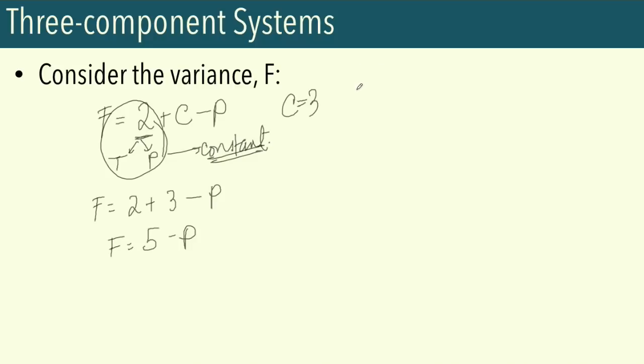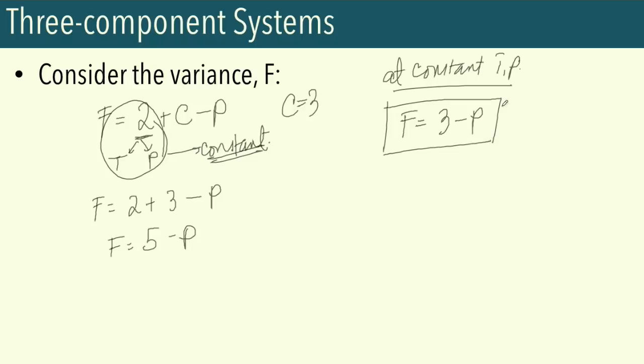What we'll investigate is the effect of composition. So at constant temperature and pressure conditions, our variance is just going to be equal to 3 minus P.